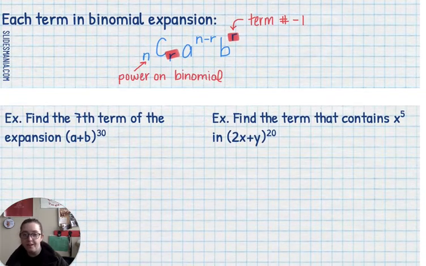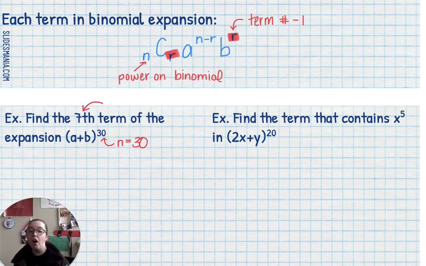So let's take a look at this. We want to find the 7th term of the expansion a plus b to the 30th. So since a plus b is to the 30th power, that means that n is equal to 30. We want the 7th term, so remember r is the term number minus 1. So since I want the 7th term, r is going to equal 6, 1 less than that.